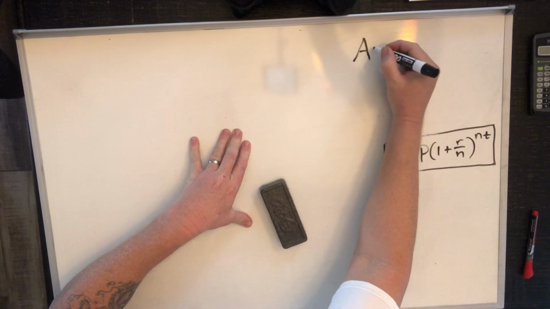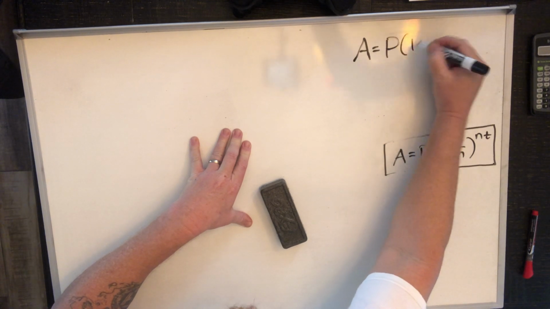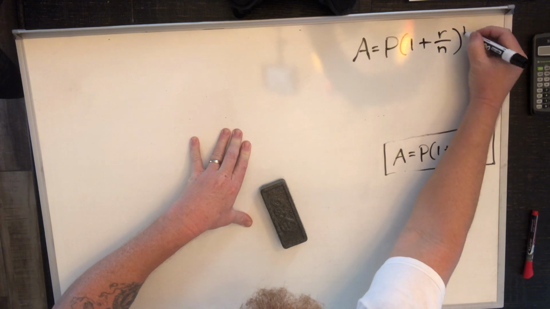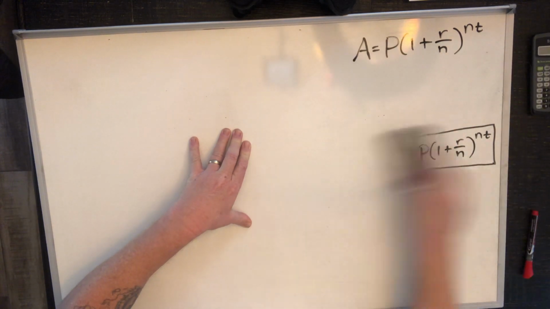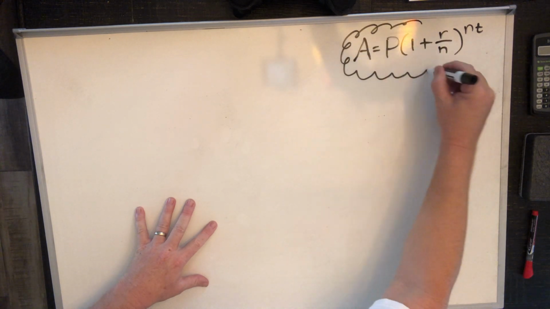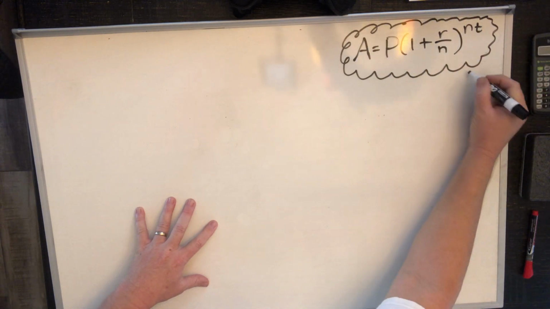We get A equals P, 1 plus r over n to the nt. So let's save that for later. Let's put that in our little cloud. Upload that to the cloud.